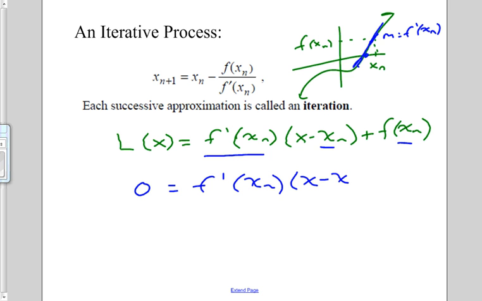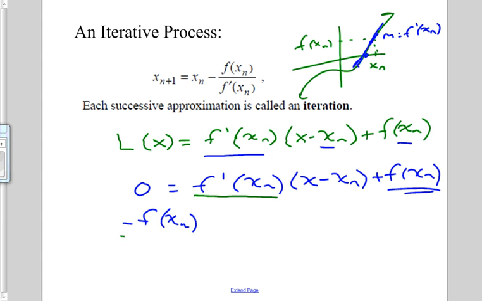And when we solve this, I was hoping that in the last videos it was getting clear, we're going to move this term over, so we get minus f of x sub n, and then divide by f prime of x sub n, equals x minus x sub n.